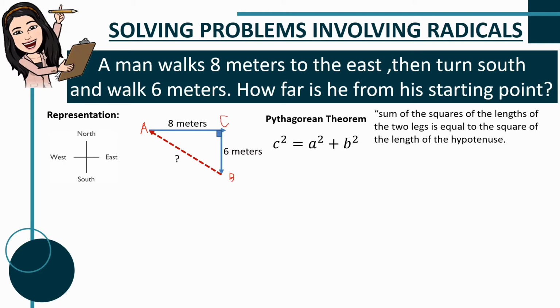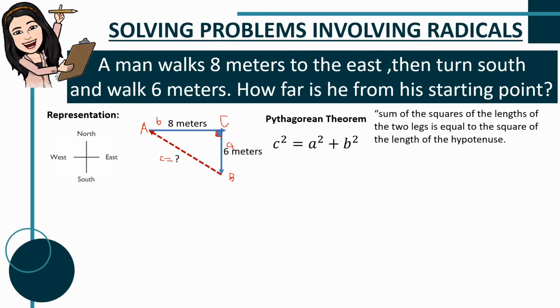Okay, so the side opposite of angle C is our C, or the hypotenuse. Okay, tandaan nyo, ang hypotenuse ay lagi siyang opposite ng ating right angle. So, this is our right angle, opposite siya lagi. So, this is our shorter leg. This is the longer leg, which is B. And this is C. This is A. A is equal to 6 meters.